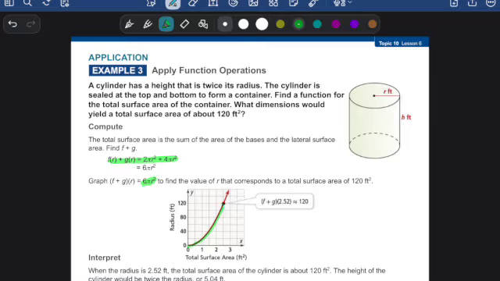And from there we can estimate what the x value is. It should tell us what x is at about 120. So using your graphing calculator, you can see that when x is about 2.52, that's where you would get a surface area of 120.